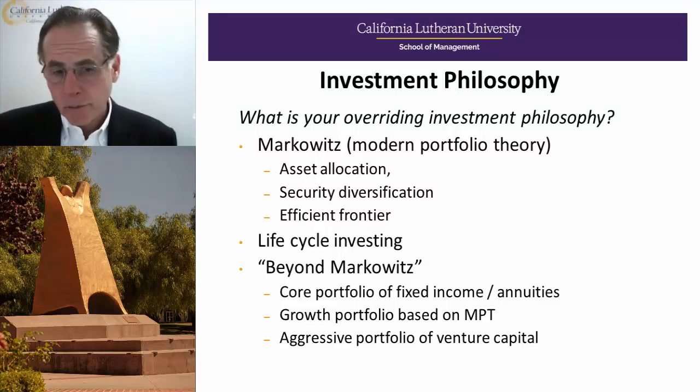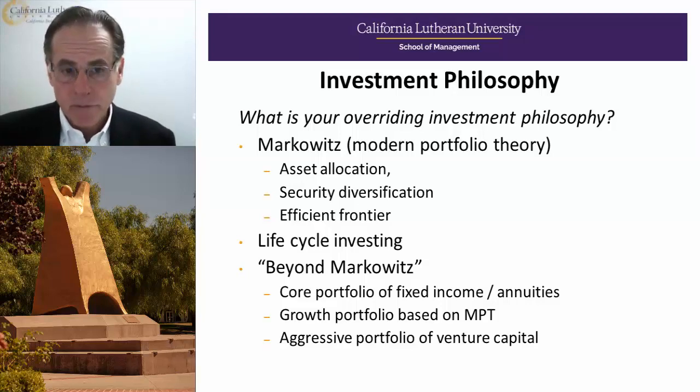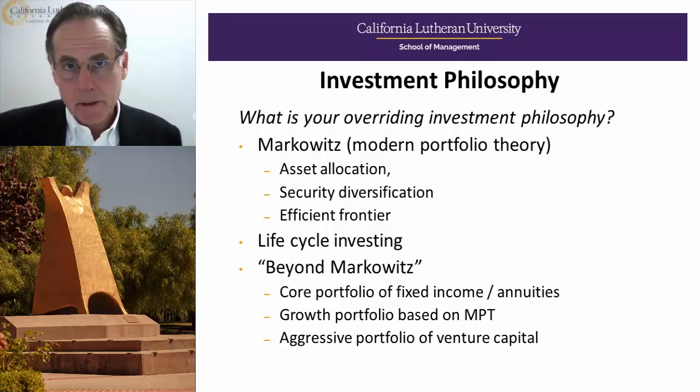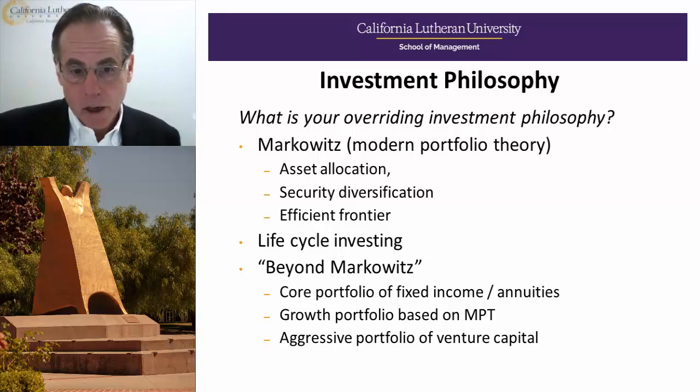You may have also read a really interesting article, I think, on Beyond Markowitz. That idea was a combination of modern portfolio theory and some of the life cycle pieces: we'll develop a core portfolio of fixed income and securities that replaces that ongoing earnings in retirement.